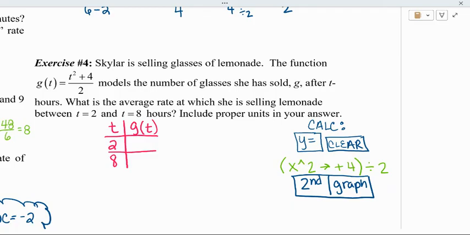Okay? Plus 4. You have it in a parenthesis. You have to have it in a parenthesis. It all has to be in a parenthesis. So you have a parenthesis here and a parenthesis here. Now hit the divide by 2. Y equals. Good job.